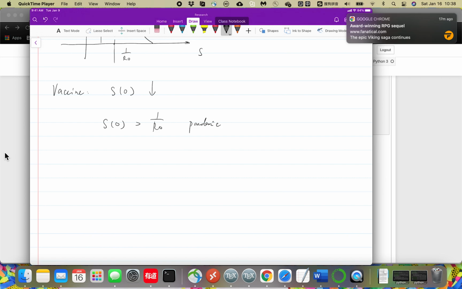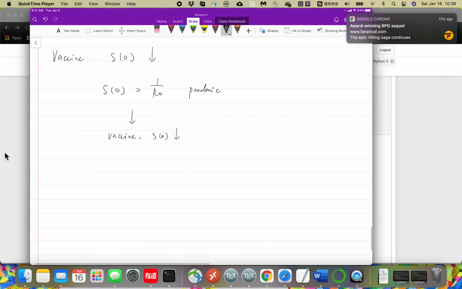Now my job is to give you a vaccine such that S0 drops to a level where S0 becomes less than 1 over R naught, and there's no pandemic. So that's what vaccine is doing. It's not going to change your alpha and beta. It's not going to change how fast people recover or how fast people get infected, but it's going to change S0, which is how many people are susceptible from the beginning.